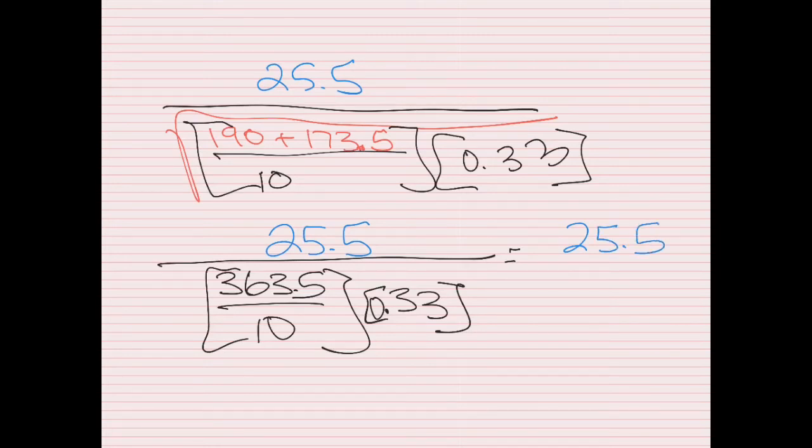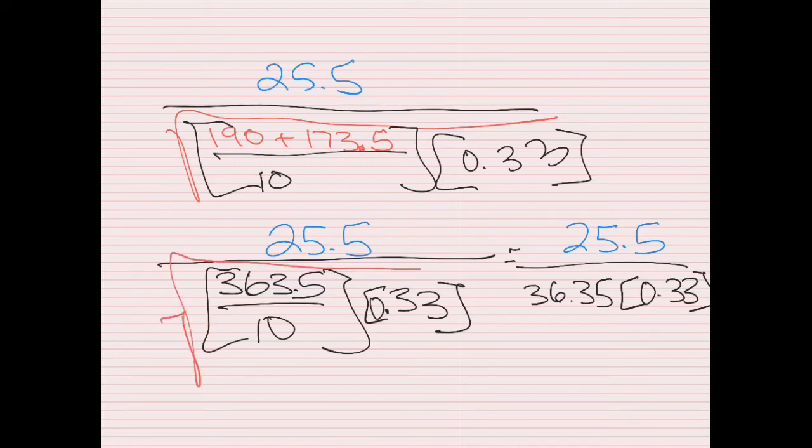25.5 over, of course, this works out to be 36.35 times 0.33. And what did I forget over here? The big fat square root, big fat square root.